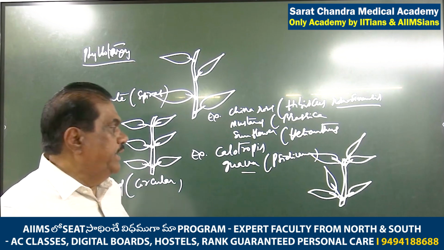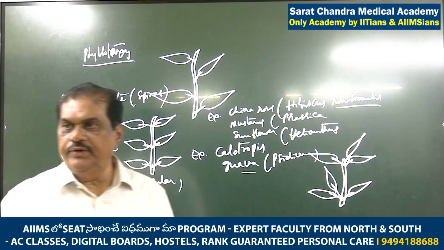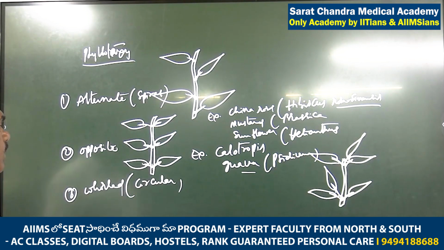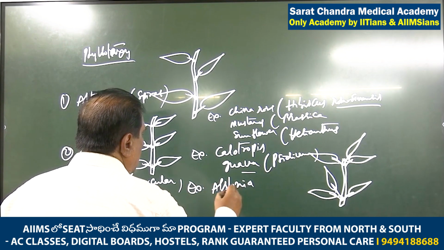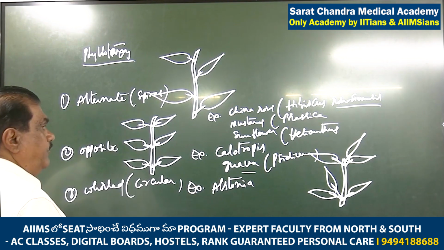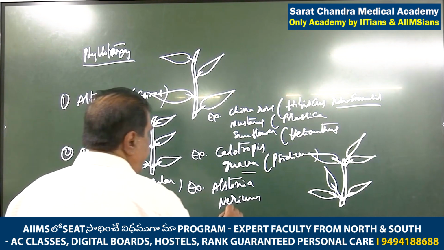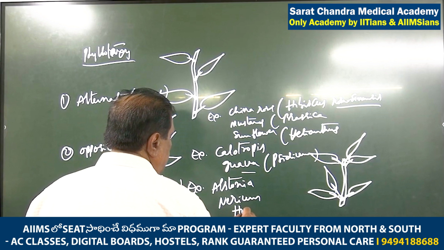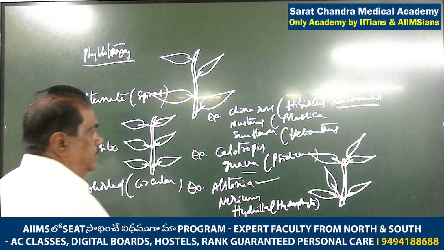All the leaves develop from the same point, that is called the node. Example for whorled phyllotaxy in NCERT is Alstonia. Whorled phyllotaxy is also present in another plant, Nerium. Another plant, Hydrilla, a hydrophyte. In NCERT it was given as Alstonia.